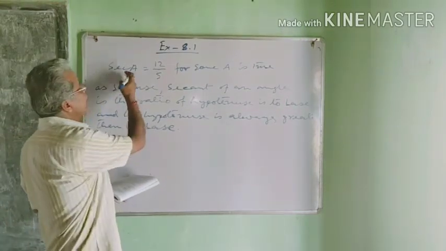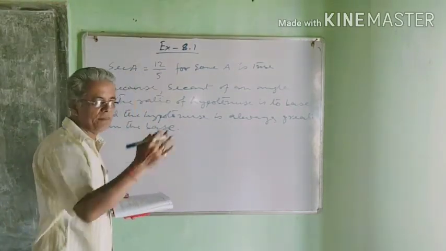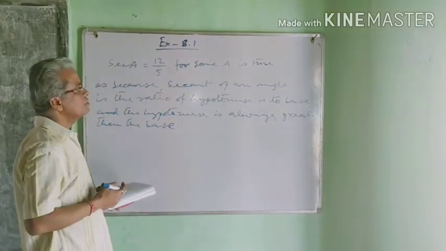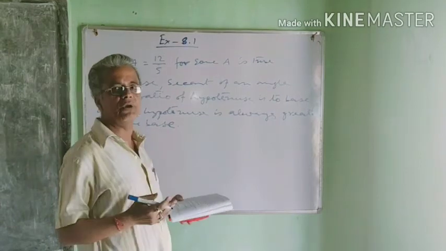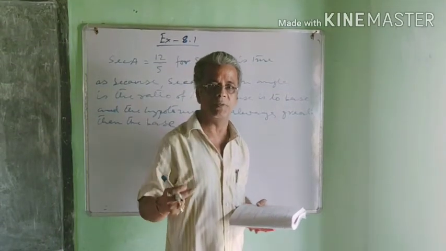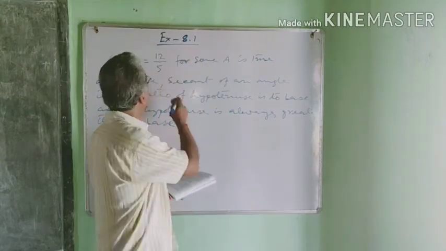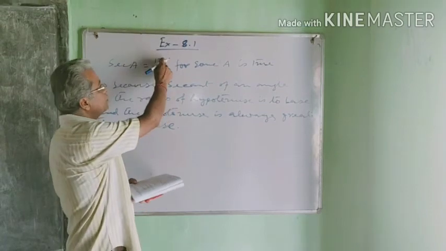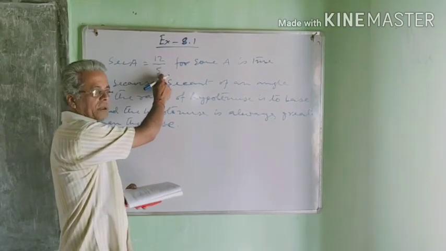So sec A is equal to 12 by 5 is true for some angle A. Here the numerator is greater than the denominator, so hypotenuse is greater than base.